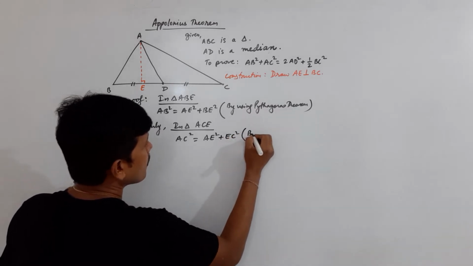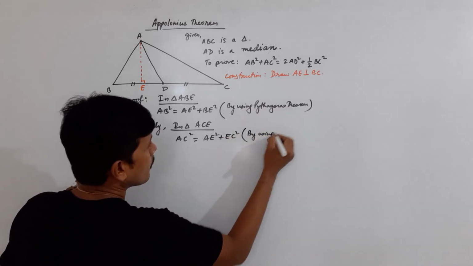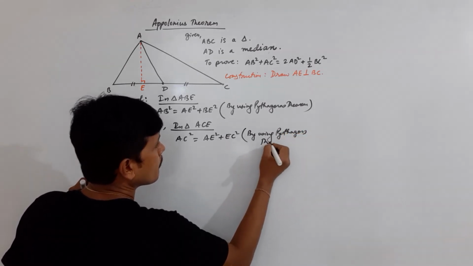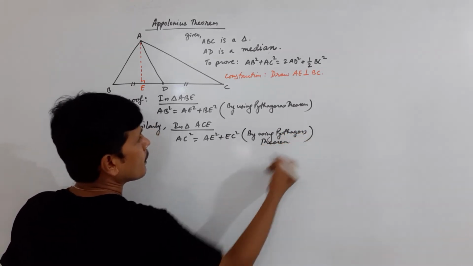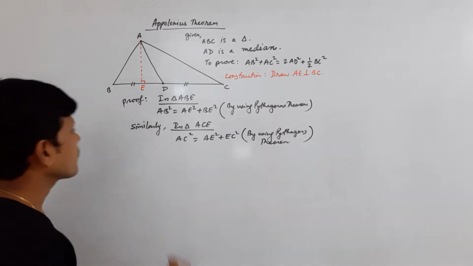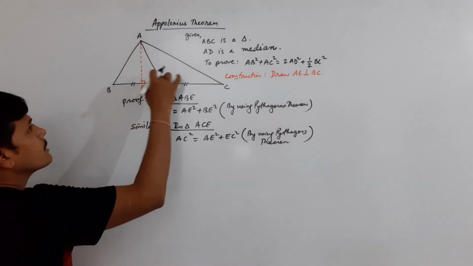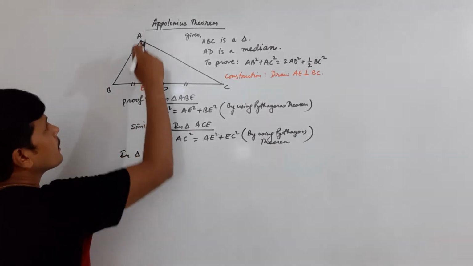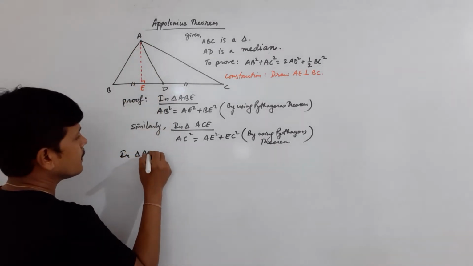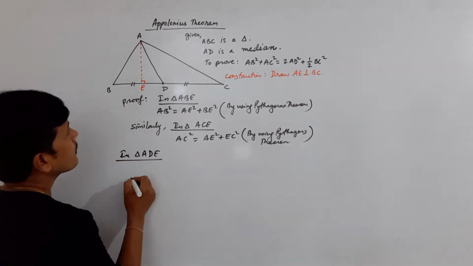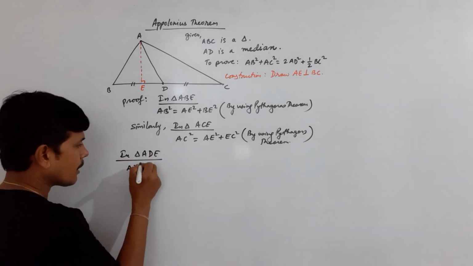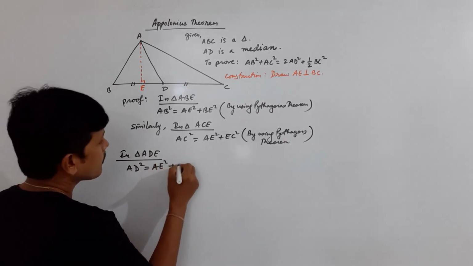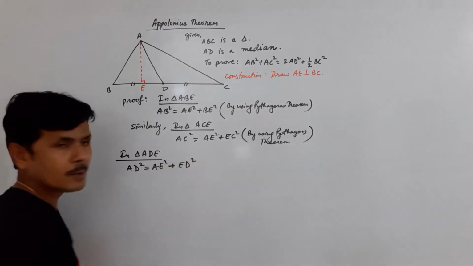This is also by using Pythagoras theorem. Next, I am going to look in triangle ADE. Can we write like this? AD square is equal to AE square plus ED square.